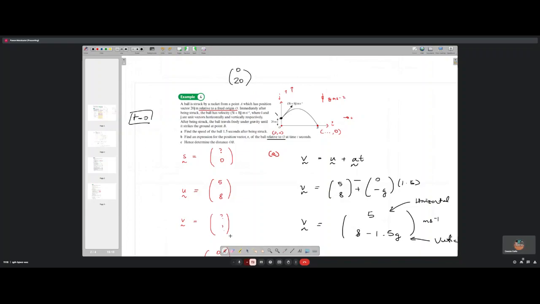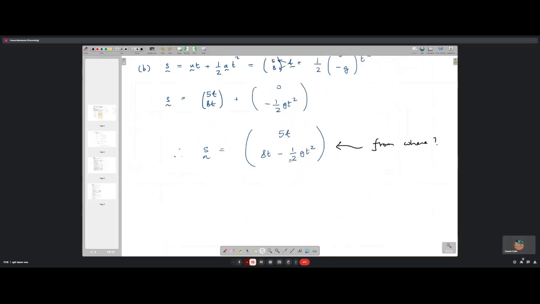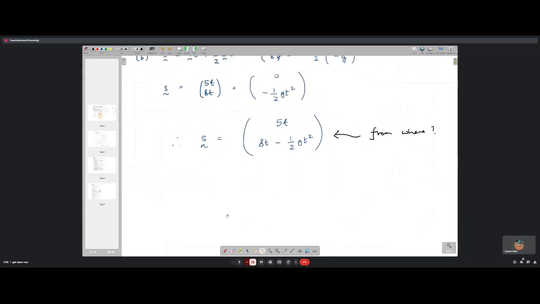So basically, this is like an initial condition, similar to how you would do integration. When you integrate, you need a set of boundary conditions, that's what I mean by initial conditions, to find the constant of integration.